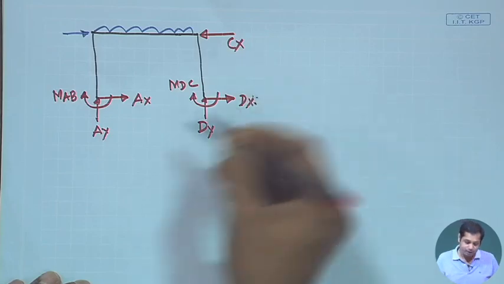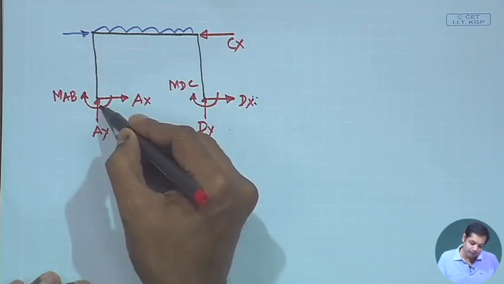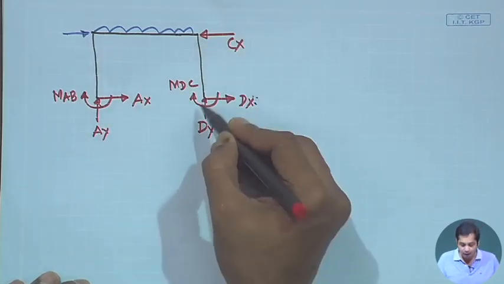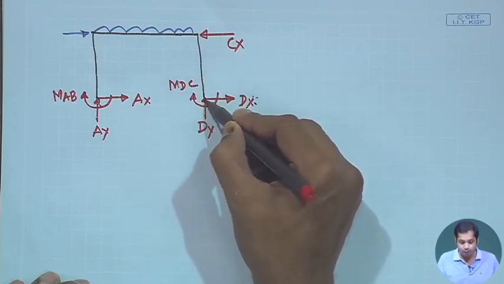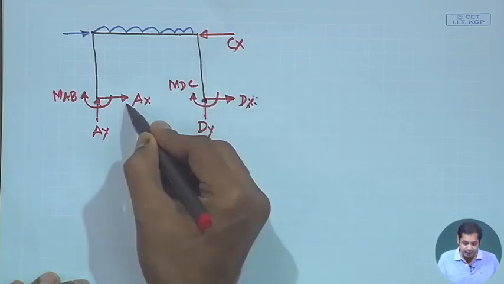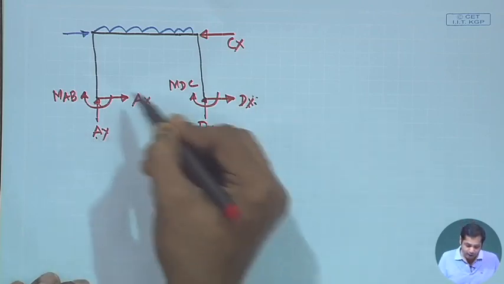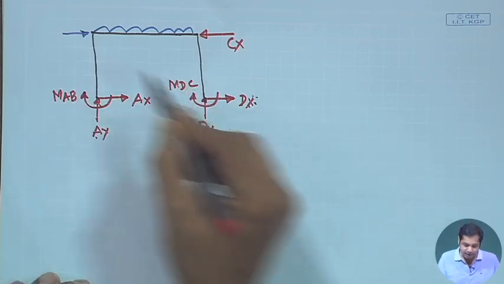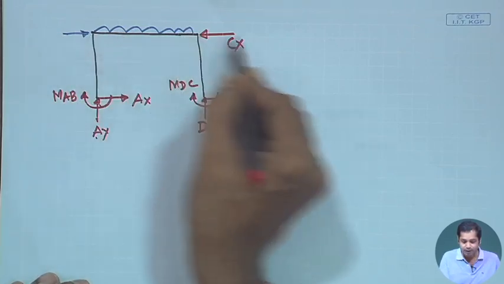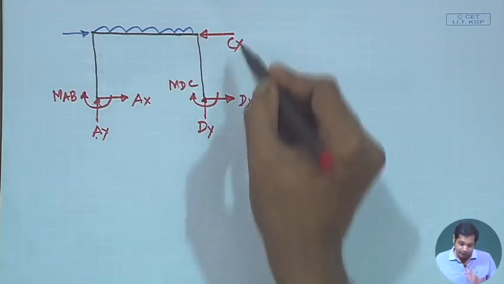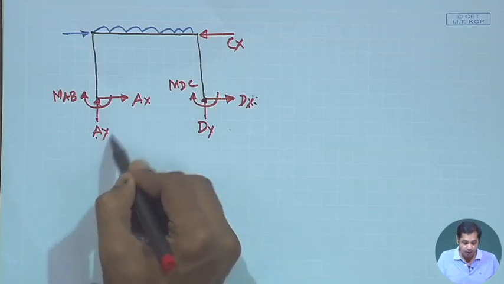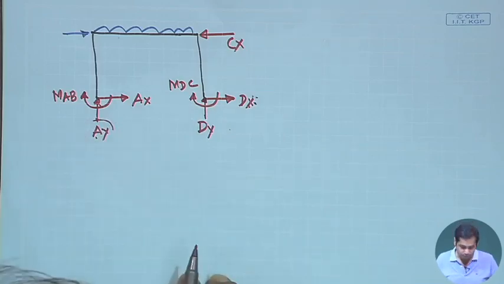Now, instead of taking the free body diagram of these parts separately, we can take the moment about this, and Dx and Ax will not contribute, and the contribution will be from Ay, from MAB, from MDC, from this load and from this load, and then Cx, and you can compute the Cx. But again, for that you need to find out the value of Ay. Okay.